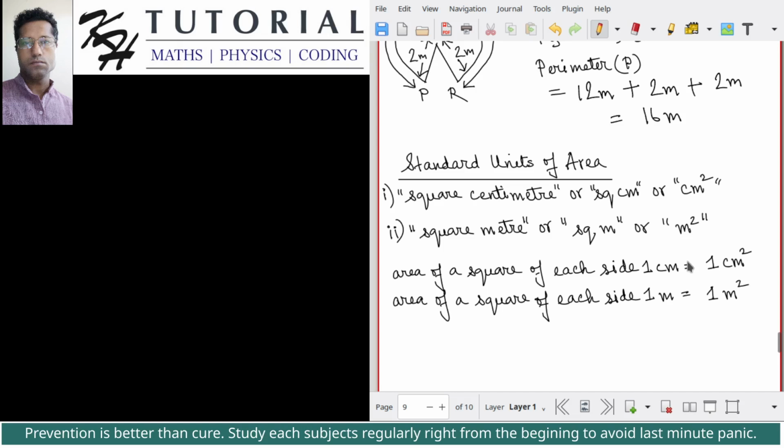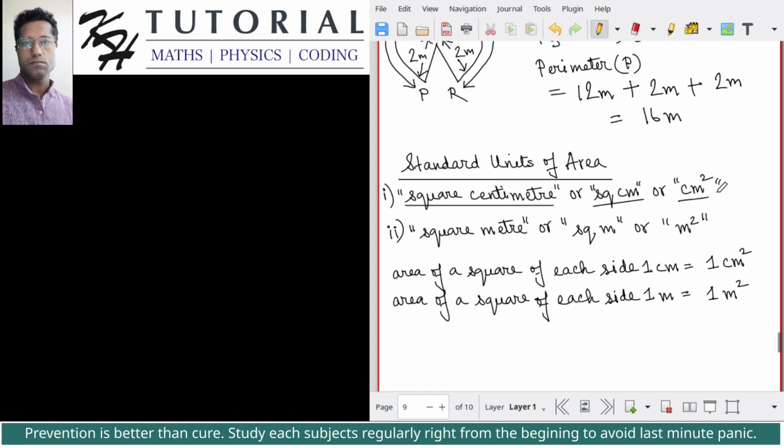Okay, so what are the standard units of area? The standard unit of area is square centimeter, which is in short form written as sq cm, as cm is the symbol of centimeter, and it is also written as cm square.